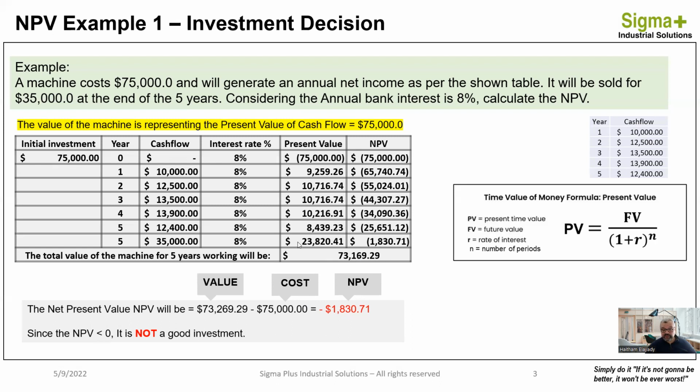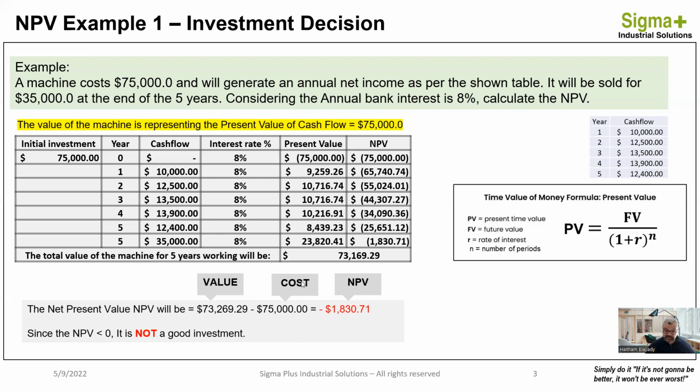This includes the 5th year, when I got $35,000 from selling the machine, which has a present value of $23,820.